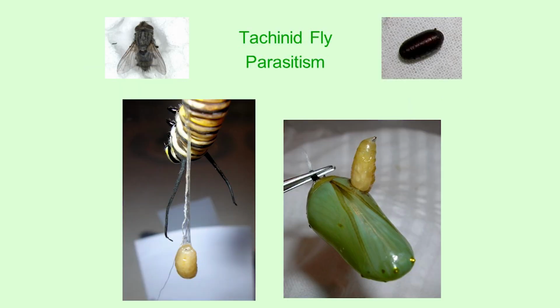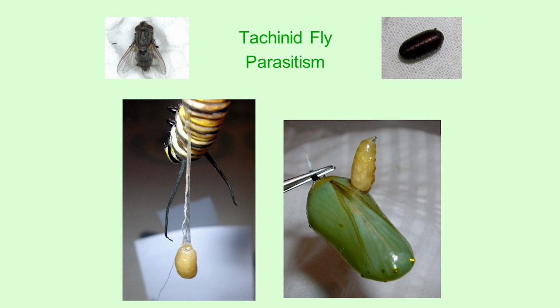And there's a thing called parasitism. In this case, I'm showing tachinid fly parasitism. What happens is the fly, top left, looks pretty much like a housefly if you just see it flying around. It lays its eggs on a monarch caterpillar, for example. And when those eggs hatch, they burrow into the caterpillar.